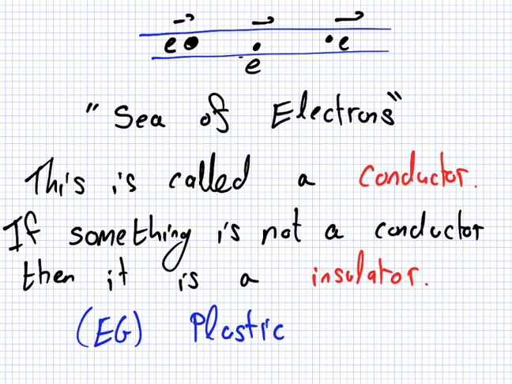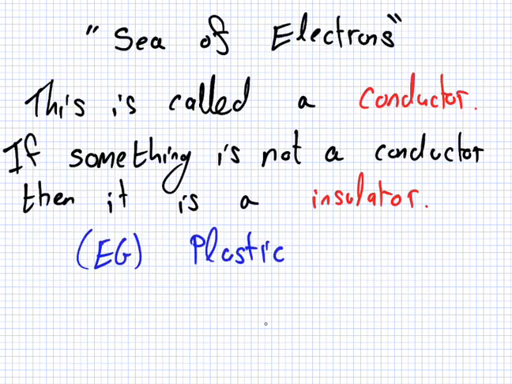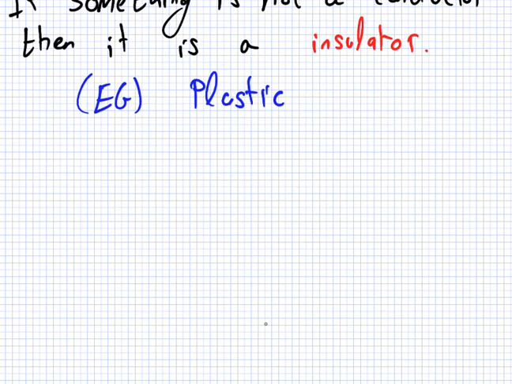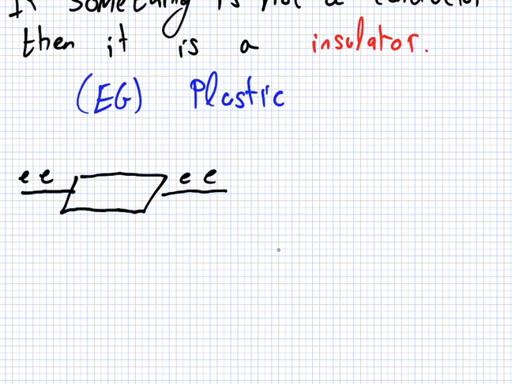Okay, so just to draw something here. You have that? Yep. Okay, so here, if you have a metal, the reason the charge can move through it is because the electrons can move through it.